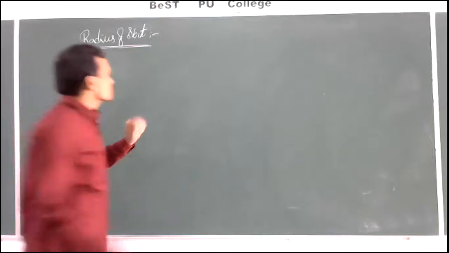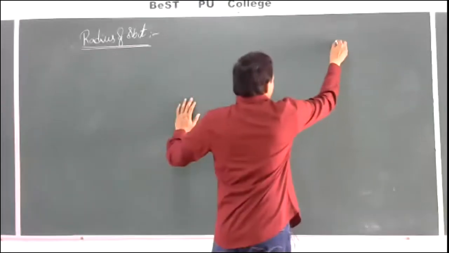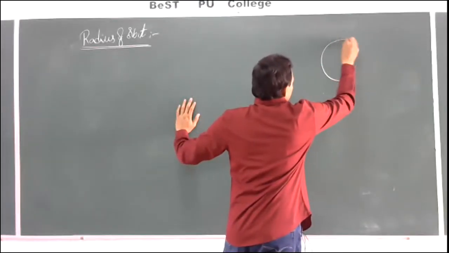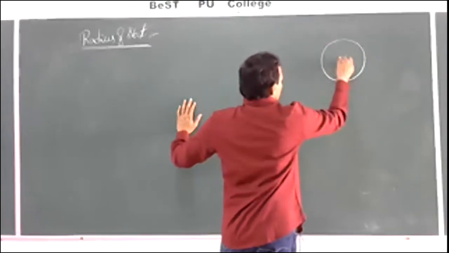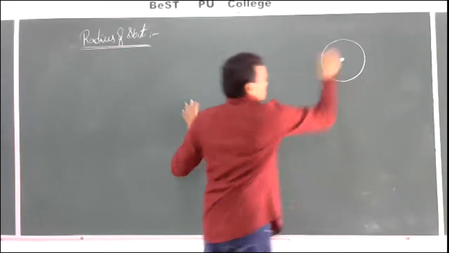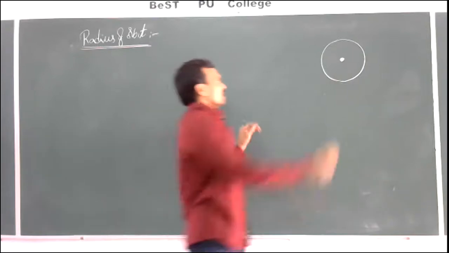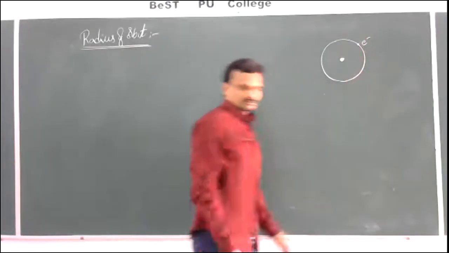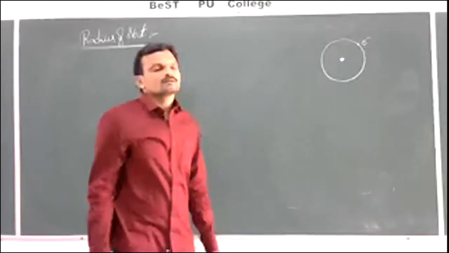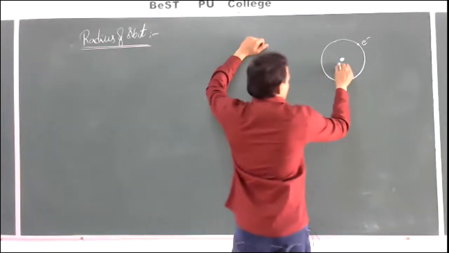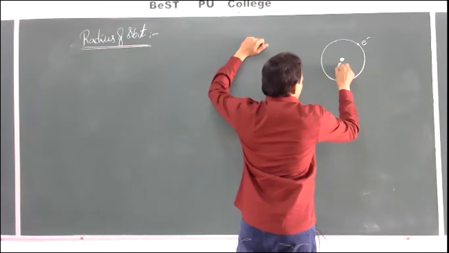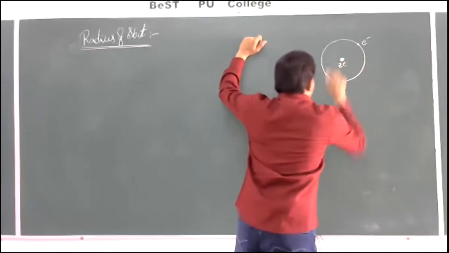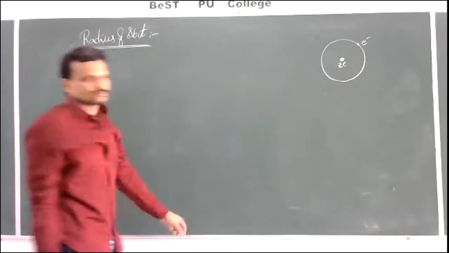See, this is the nucleus of the atom, and this is an orbit where an electron is revolving. This nucleus contains Z protons, so the charge of the nucleus is Ze.